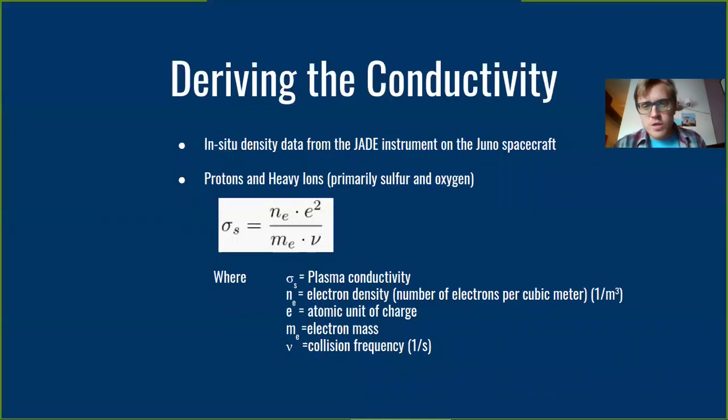And then we also need to derive the conductivity of the plasma, which will change with radial distance, primarily because the density of the plasma is going to change. And so I can get that electron density. I have that data as well. The main piece that I needed to decide here was what to do about this collision frequency.